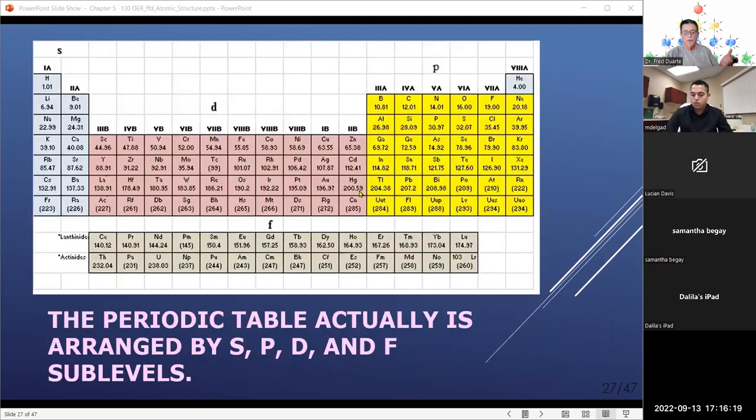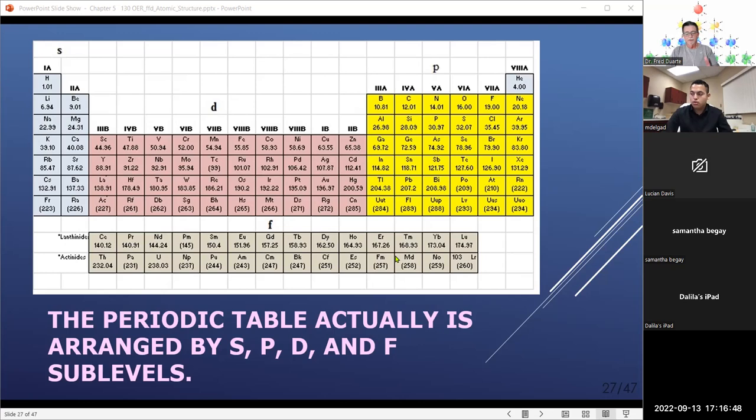Now I'm going to show you how you can use an element's position on the periodic table. You have 2 choices: memorize that sequence and follow it, or just look at the periodic table. If you look at groups 1A and 2A, the far left, think of those as the s elements, written here in blue.